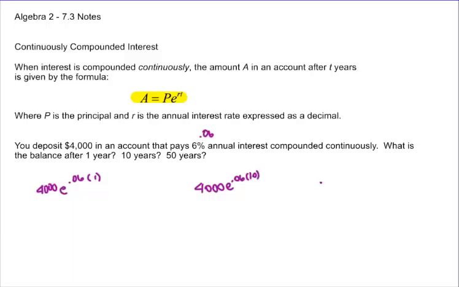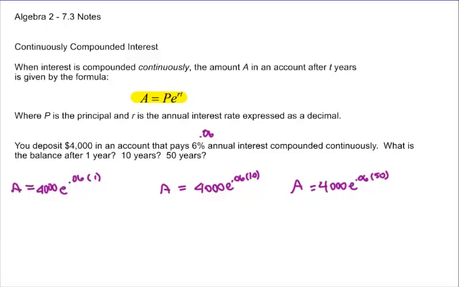And after 50, 4,000e to the 0.06 times 50. So to solve these, all you're going to do is punch into your calculator and get a number out. There's no other way to do it. That e is too tricky of a number to try and do in your head.